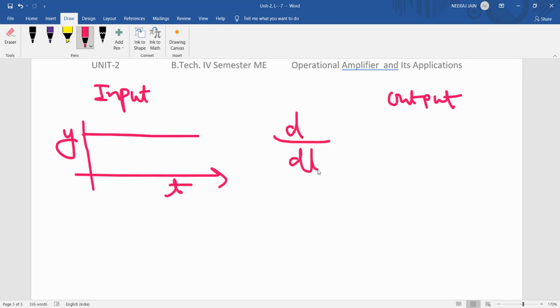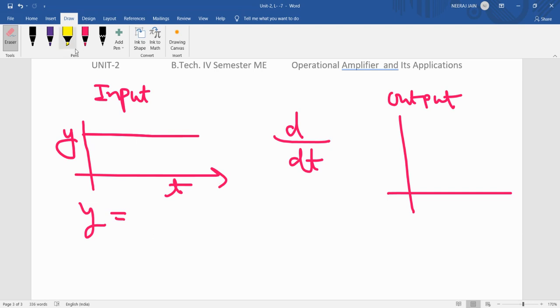If we give a constant value signal in the differentiator, d upon dt, the equation is like y is equal to t. Then we will get in the output the differentiation of the constant value.